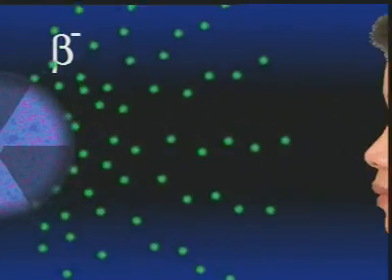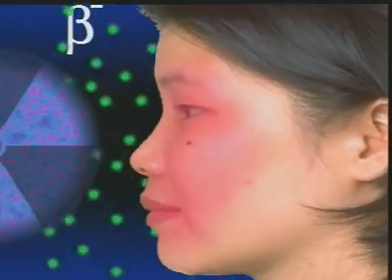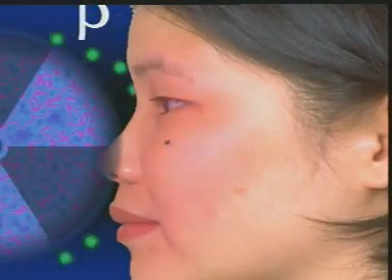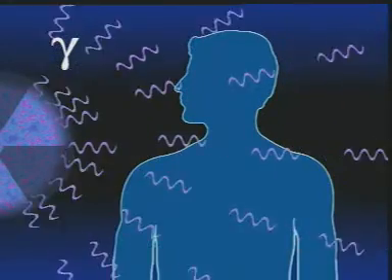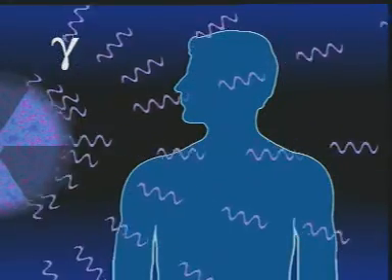Beta rays can damage internal tissues, but they can also affect the skin and eyes if these are exposed directly. Gamma rays pass right through the body, but they cause relatively little ionization, so it takes more gamma rays than alpha or beta particles to damage living tissue.